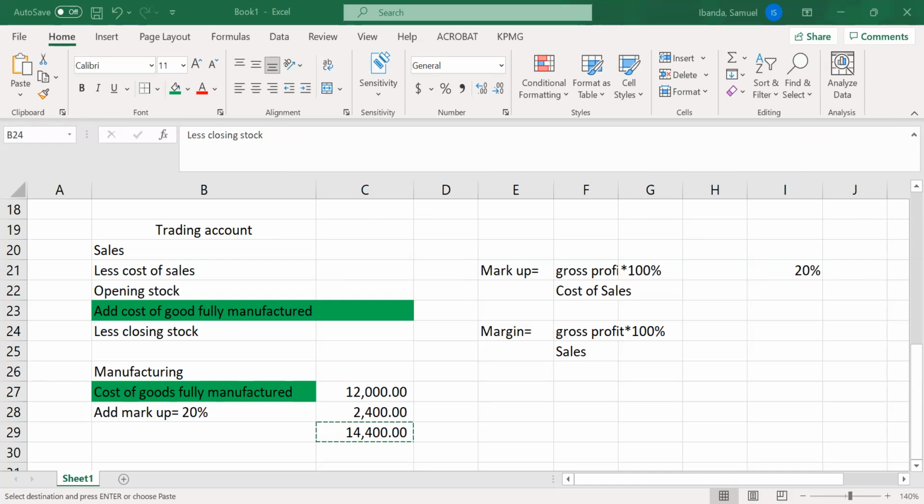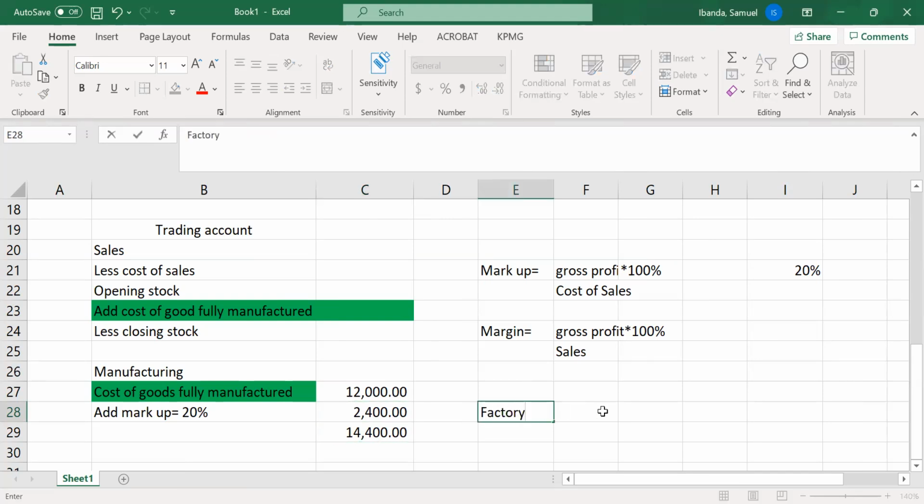Ideally, this profit that you're adding onto your goods is an imaginary kind of profit, because you have not yet earned it. You only earn this profit when you sell goods to the final customer. Right now, what they are trying to create is an internal profit from the factory to the selling and distribution, which ideally would only happen when you actually sell to the final customer.